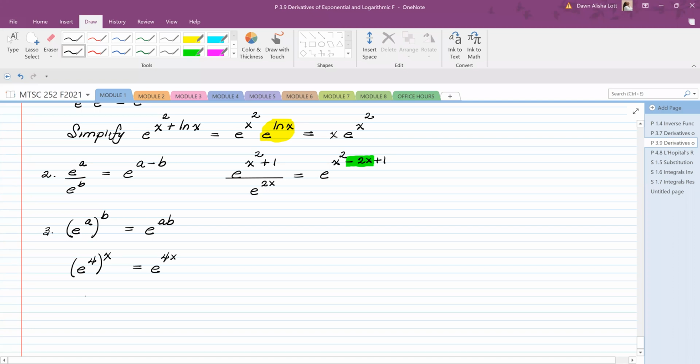And e to the x raised to the log 3 power is simply e to the x times log 3, but they're multiplied so I can switch them to e to the log 3 raised to the x power, and e to the log 3 is 3, so that just becomes 3 to the x.